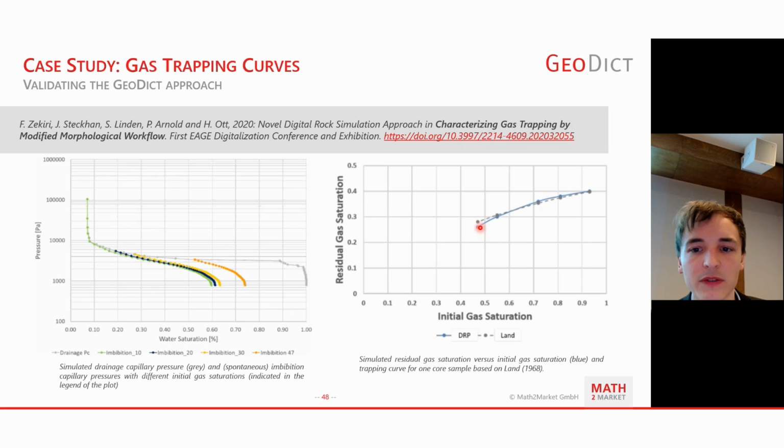And the phenomenon is quite simple: the more gas you have initially, the more gas is left as residual gas saturation. That was also validated by the Land model. Our simulations were validated with the Land model, and you can see that these plots are fitting quite well here.